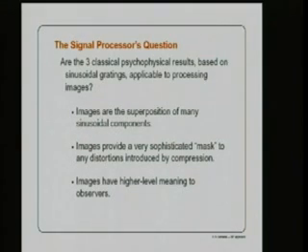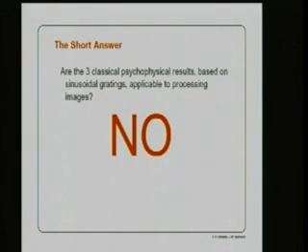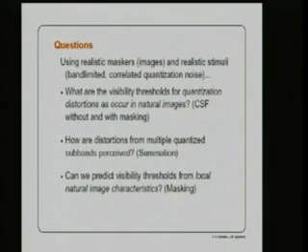If I showed you a very blocky image of your grandmother, this starts your brain going, oh, grandma, her apple pies, and you then become less interested in the pixel-based content because your brain is off running after other things. So the signal processor's answer to this question is no. So what I wanted to do is ask the following question. Instead of sinusoids, I want to use realistic maskers, images.